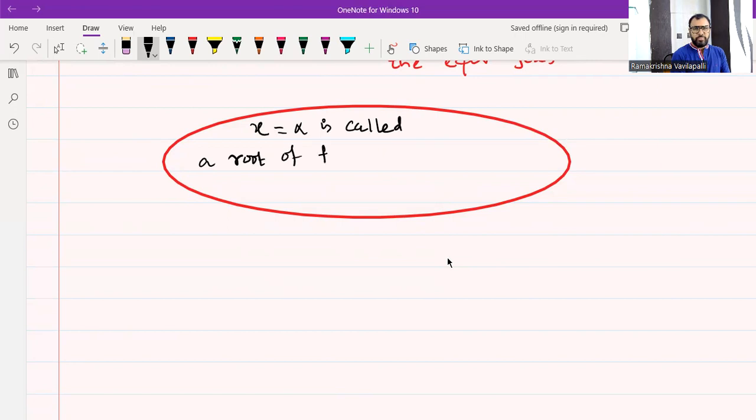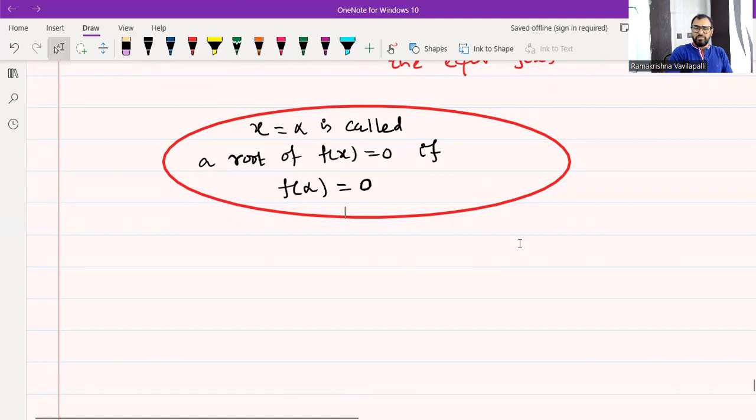This is an equation. When you plug that alpha into the equation, it must vanish. So therefore, zeros will be used for a polynomial, whereas roots are used for equations, right?